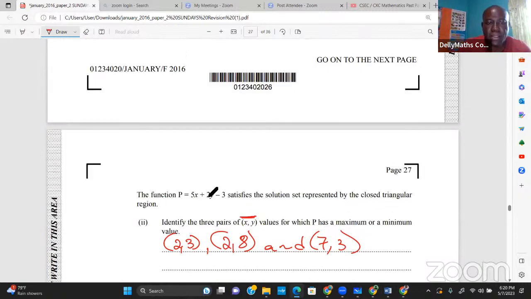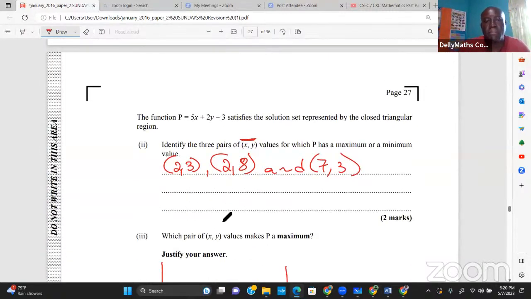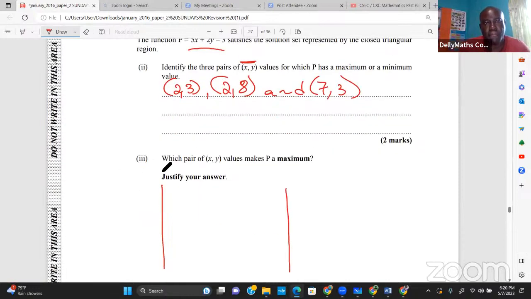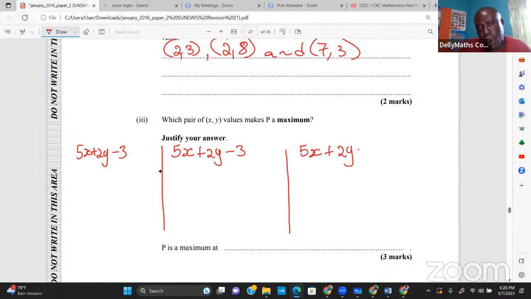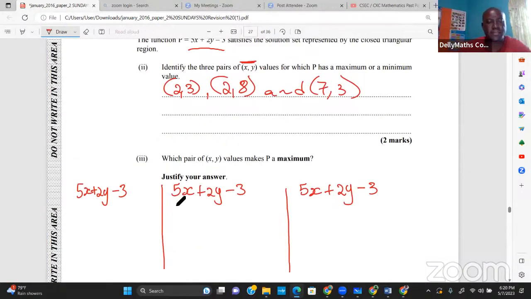The P function says 5x plus 2y minus 3. Let me write it. 5x plus 2y minus 3, and we're going to do it right here as well, and right here. We're going to do it in all three places.